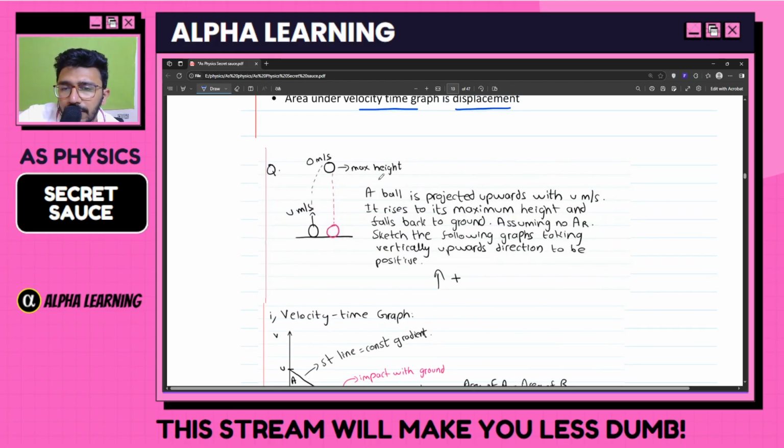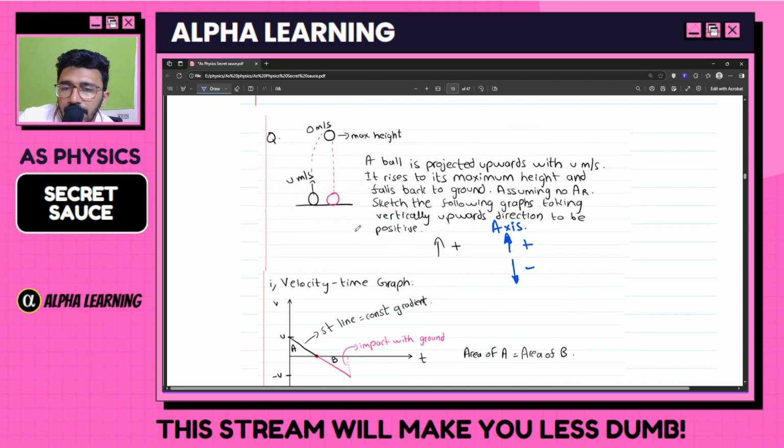Let's say you have a ball like this, and since these are vector quantities, I have also written a key point. Whenever your question has vector quantities, the first thing that you will do is to mark the axes. Upward as positive, downward as negative. This is the convention that I like to take. So you have taken the upward vector as positive, downward vector as negative.